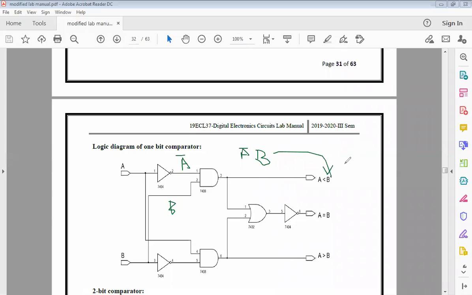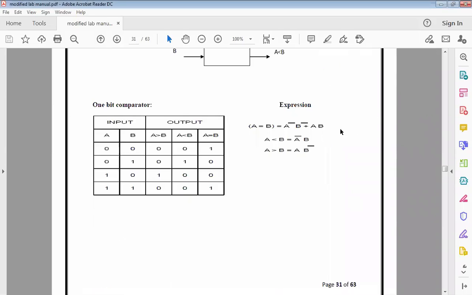Similarly, now if you look at the equation for A is equal to B, I have two expressions here, A bar B bar plus AB.